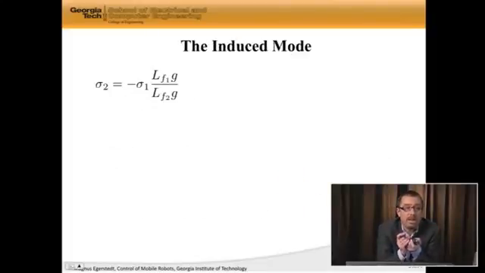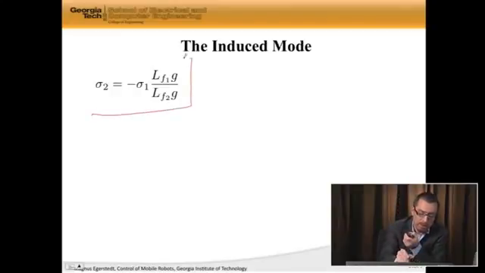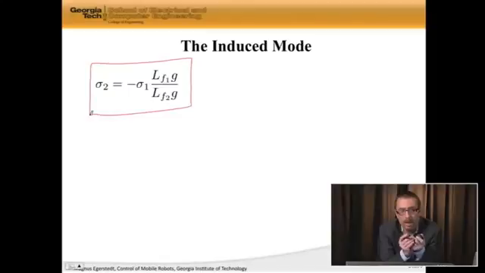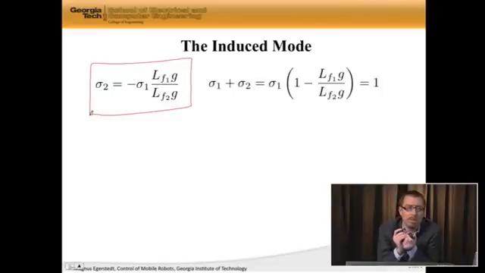Now, let's find the induced mode in general. I know the general formula for sigma 2, and I want to point out that this is not a formula anyone in the right mind should memorize, but we should know where it comes from and be able to use it when we need to. But here is the general formula for the induced mode.